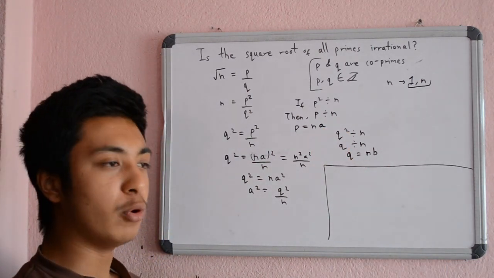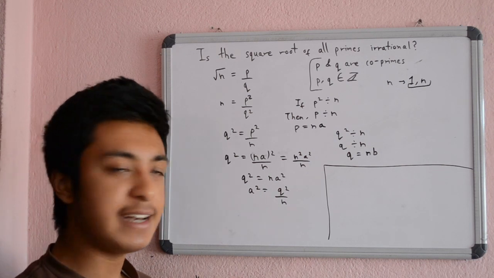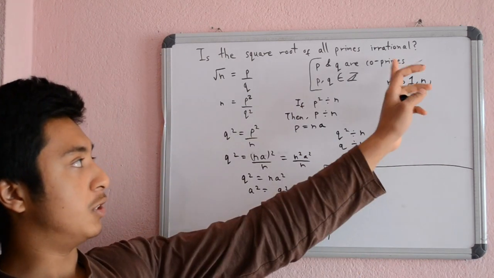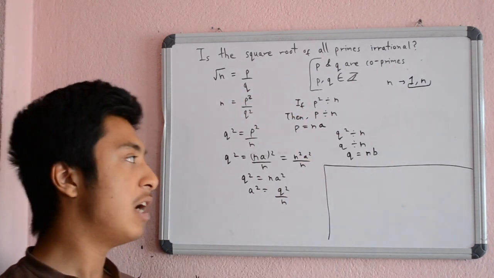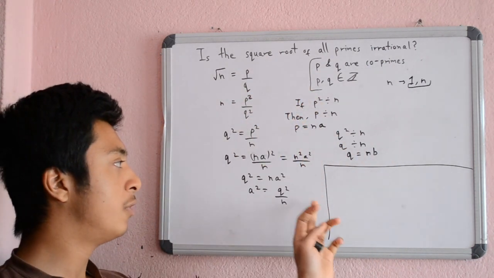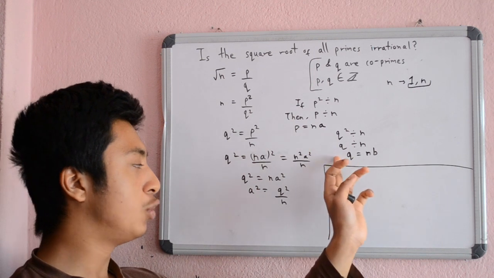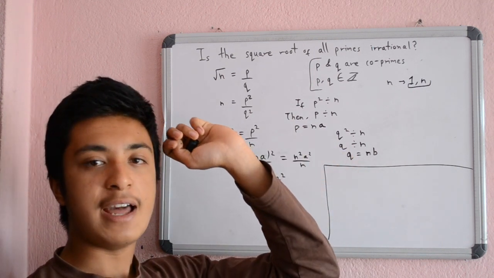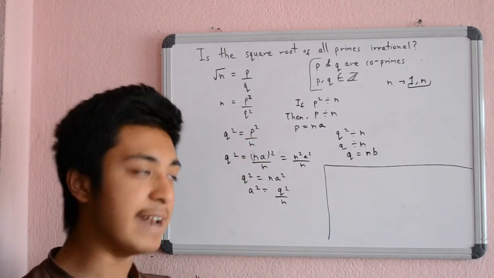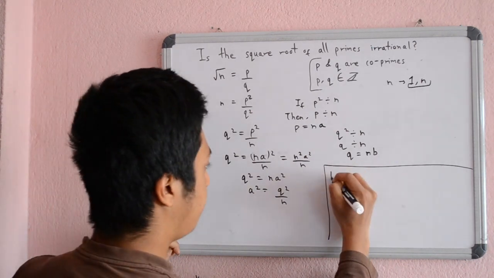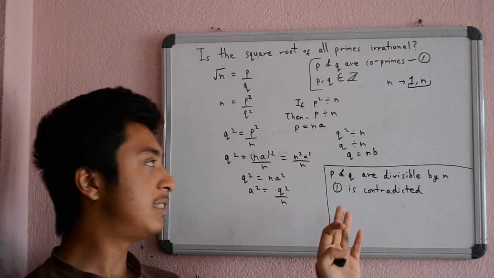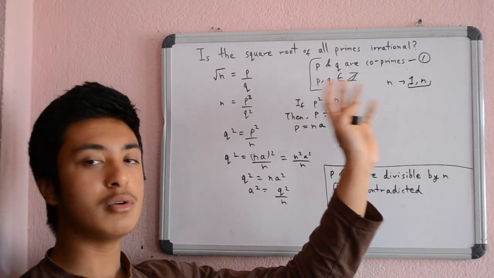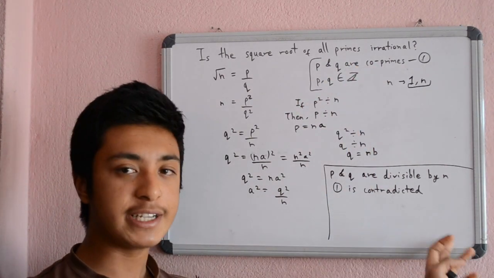that both of them are divisible by n, but that breaks our first condition, that their greatest common divisor is 1. However, with this proof, we can see that p and q both have the greatest common divisor of n. So p and q are divisible by n, which means that the first condition, that p and q are co-primes, is contradicted.